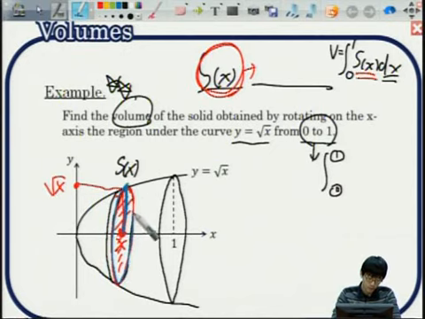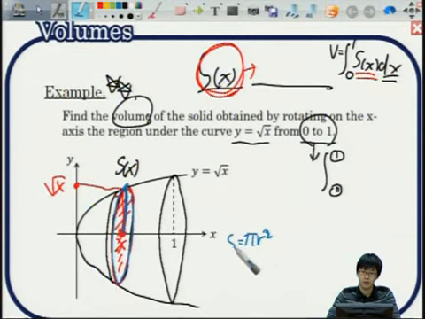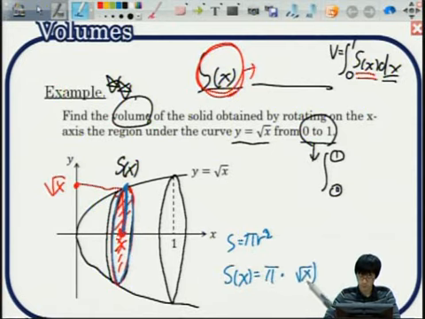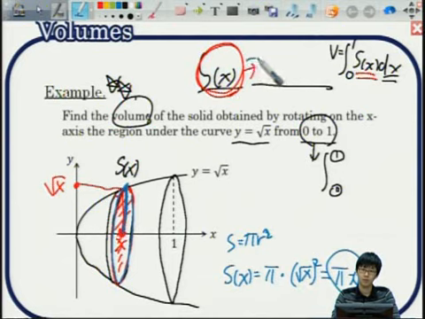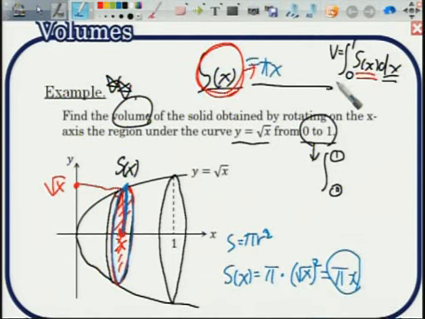So what is the area of the circle with radius root x? It is pi r squared, which means this S(x) will be pi times root x squared, pi x. So this S(x) will be pi x. Then we are almost done. Here, V is the integral from 0 to 1 of pi x dx.